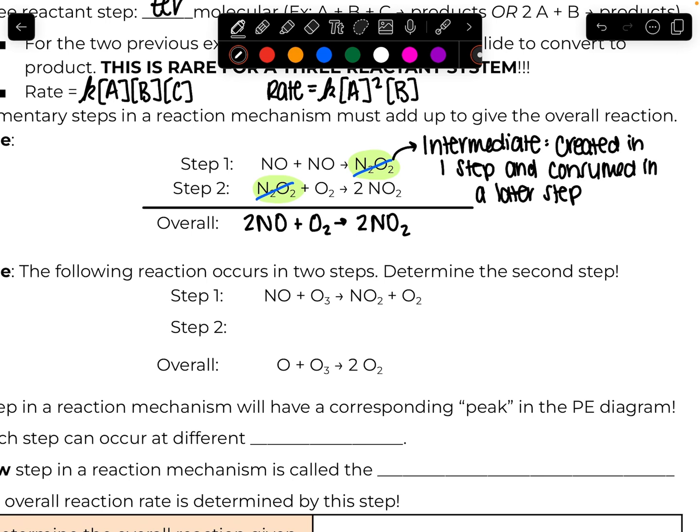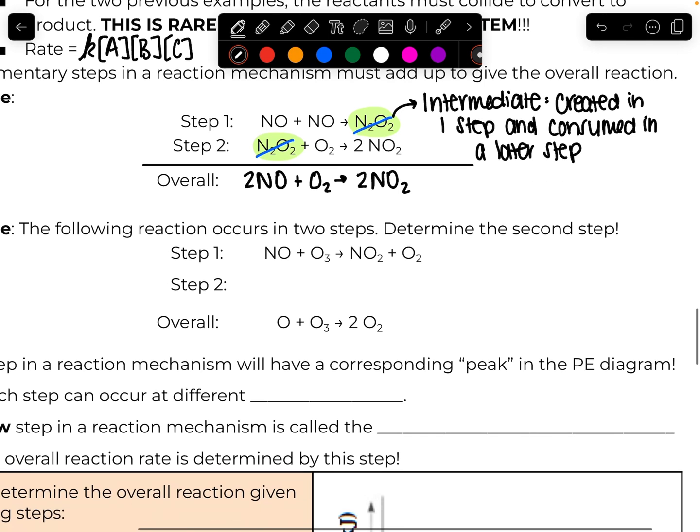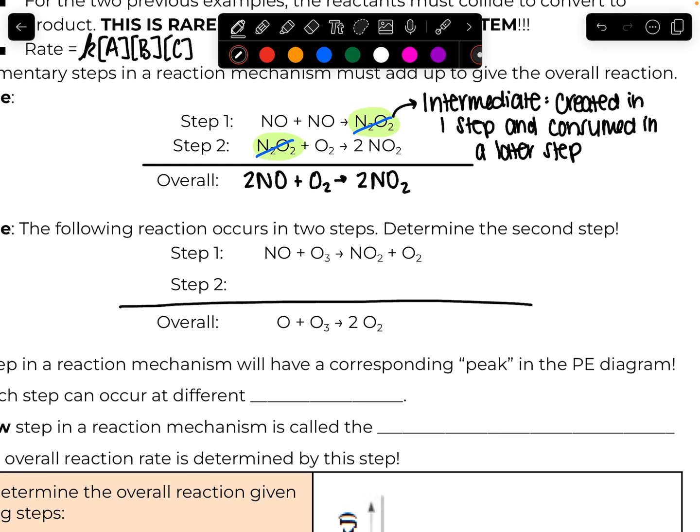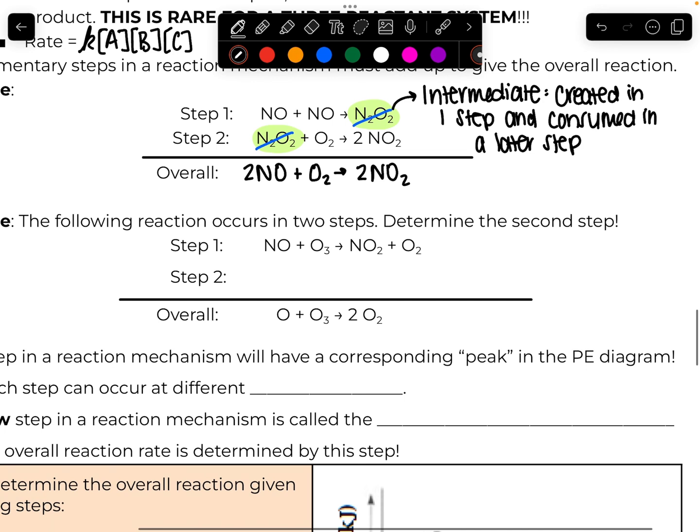Another species that you could see show up in a chemical reaction is a catalyst. So let's take a look at an example for what a catalyst would look like in a reaction mechanism. So this time you're given that this is a 2-step reaction, but you're only given one of the steps and the overall reaction. So you kind of have to backwards map to see what you're missing. So I see O3 appear as a reactant, and it's here as a reactant in step 1.